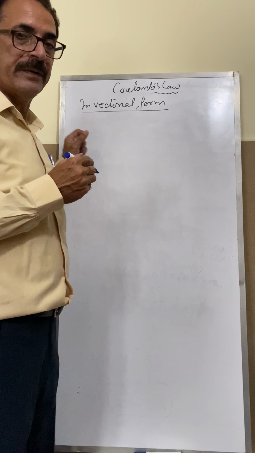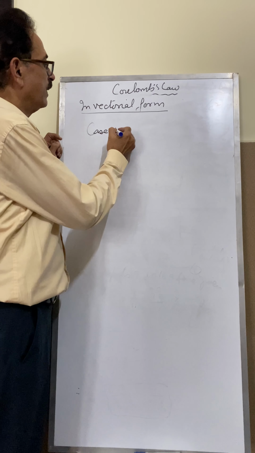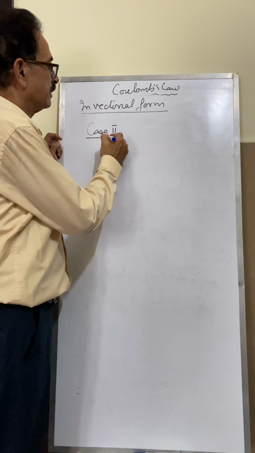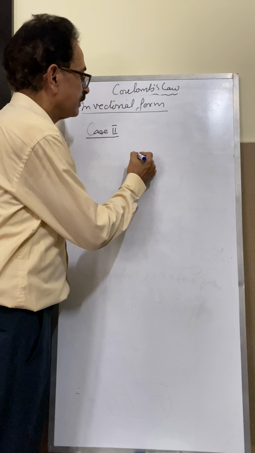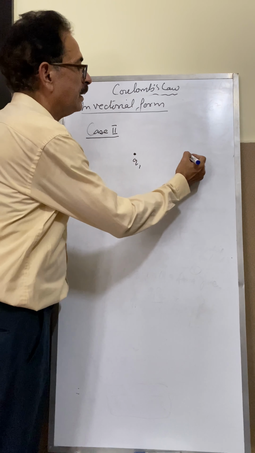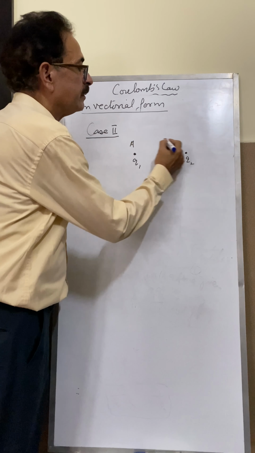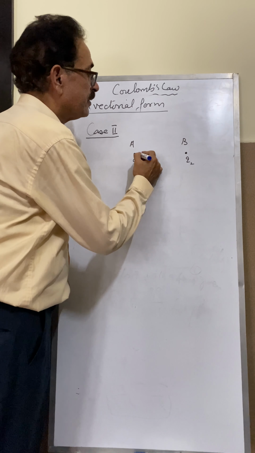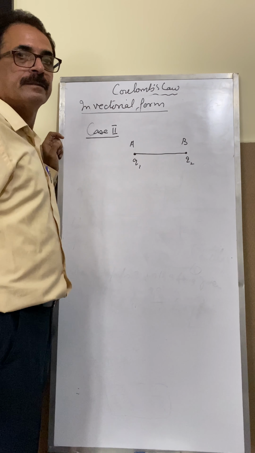Now, case second. The case second is when the two charges are unlike charges, Q1 and Q2 at A and B. These two unlike charges attract each other.